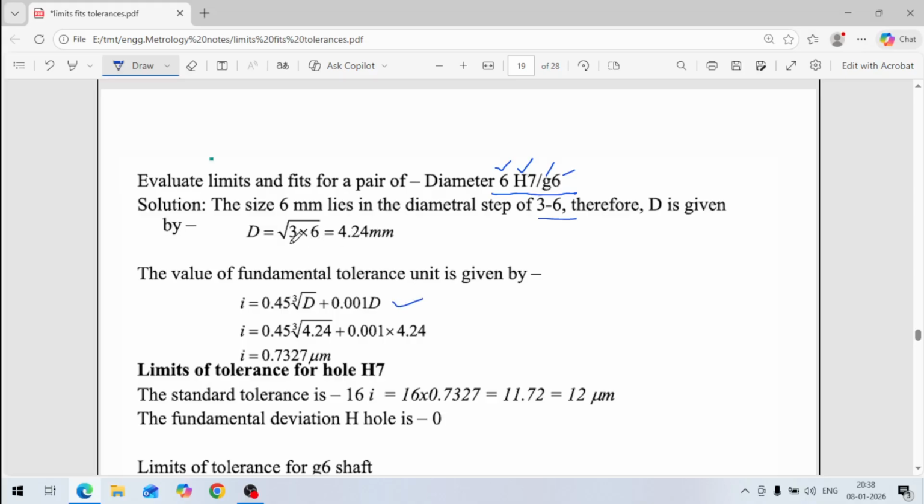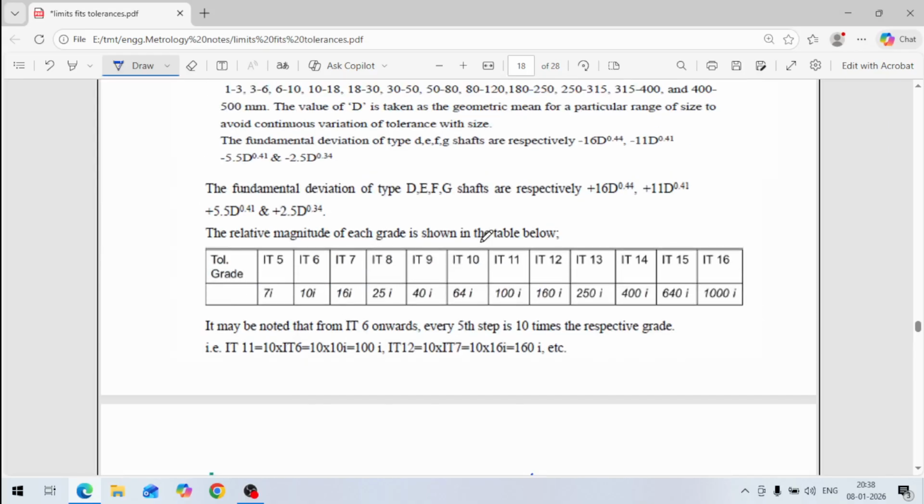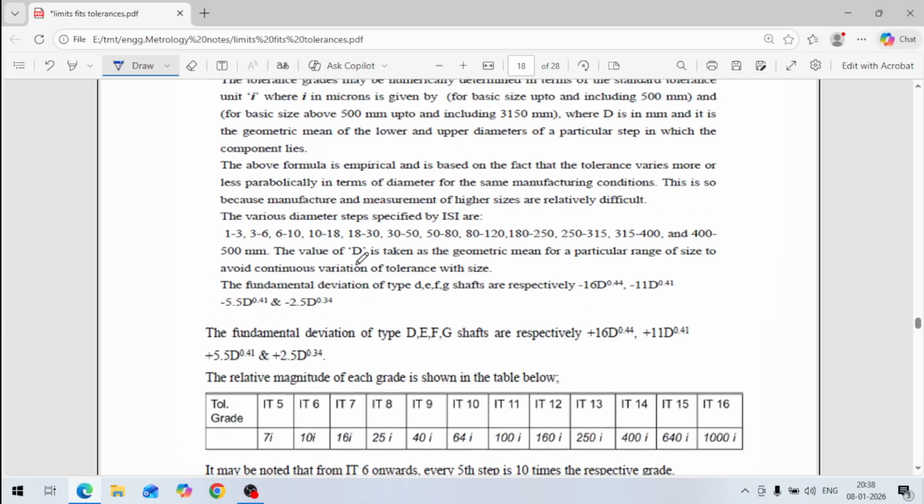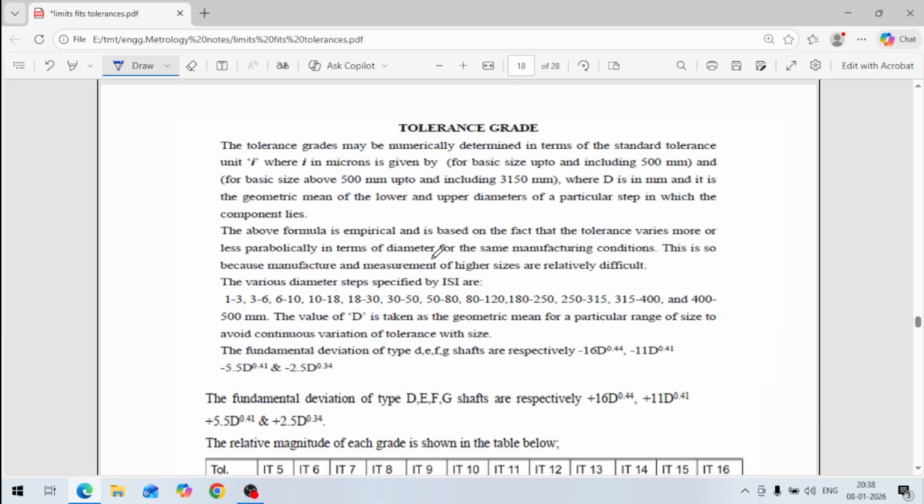D is the geometric mean of the steps. So this step is 3 to 6. If you see here, these are the steps given here. These are the steps 1 to 3, 3 to 6, 6 to 10, like that.